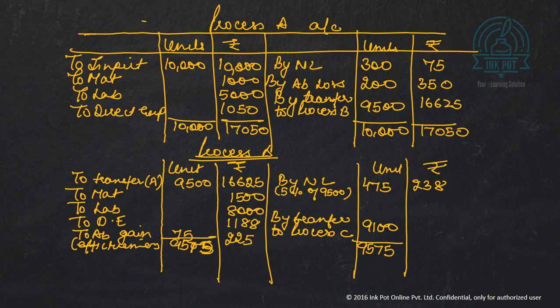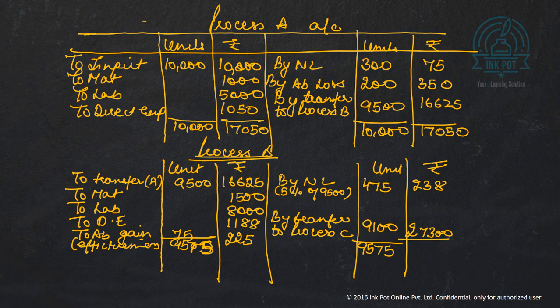Now we can calculate the balancing value here. So the balancing figure is 27300. So I'm writing here 27300, right?